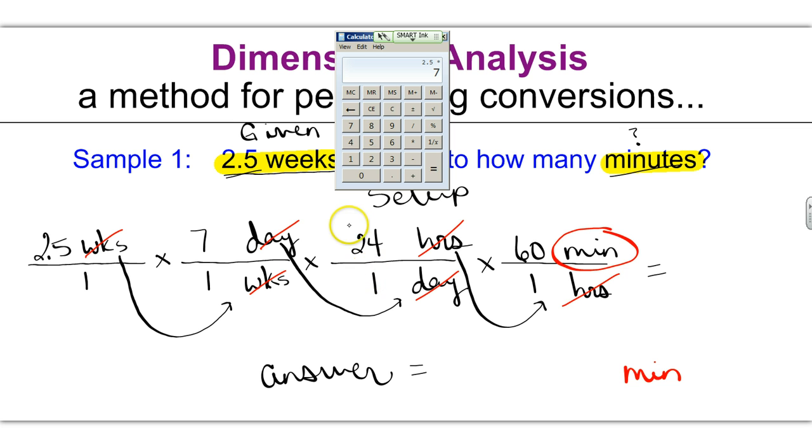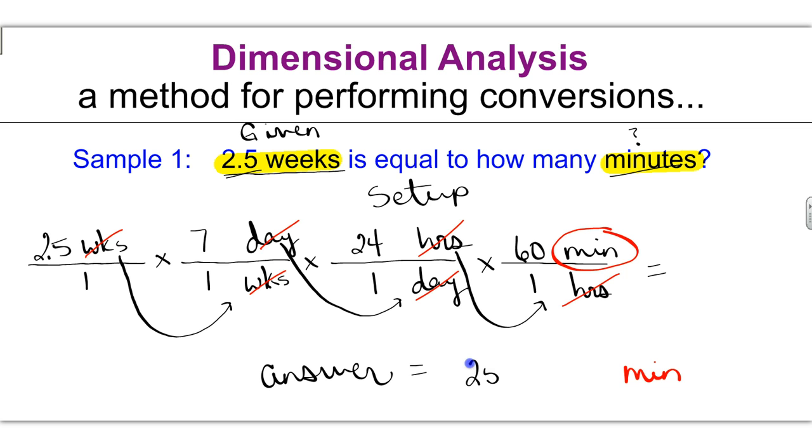And we don't actually type in divided by 1 because it doesn't change anything. In the third step, we have times 24 and divided by 1. And in the fourth step, we have times 60 divided by 1 equals. This gives us a number of 25,200, which is going to be the numeric value of our answer. 25,200.